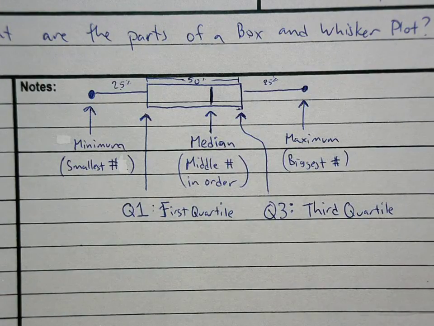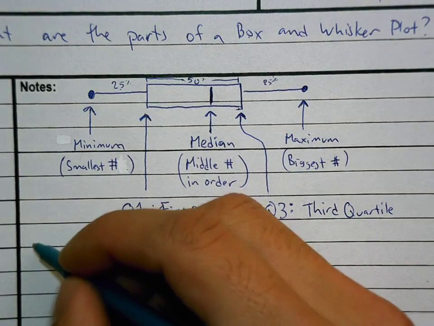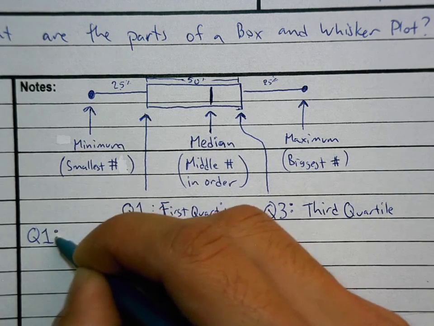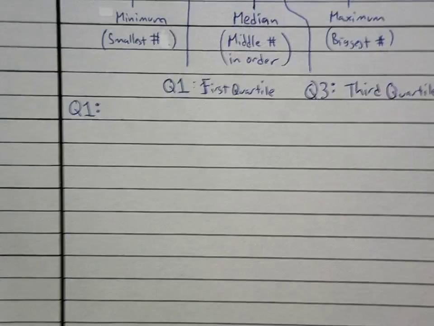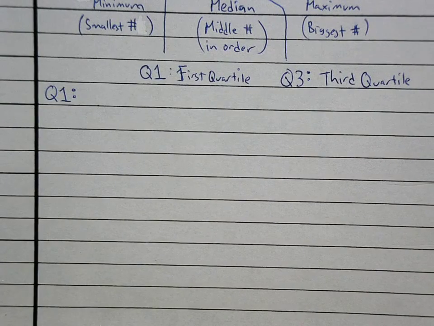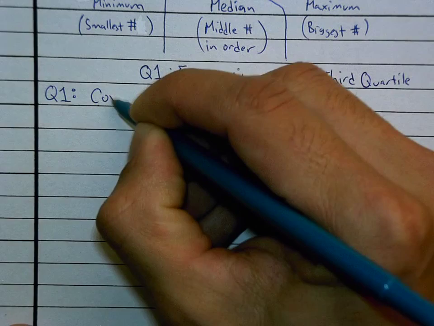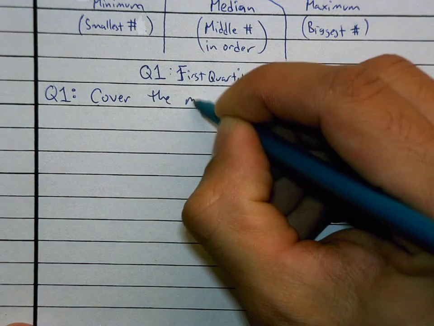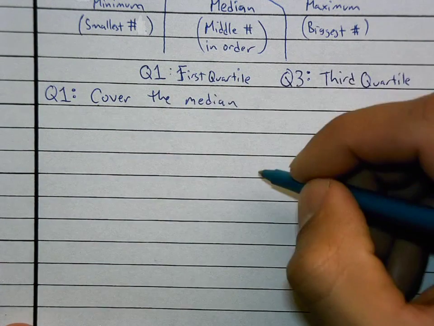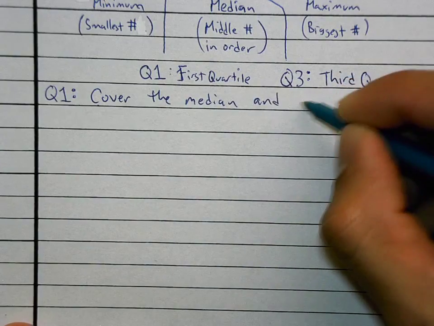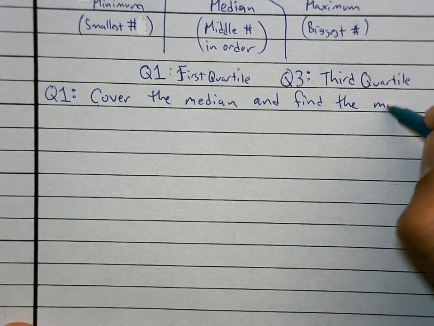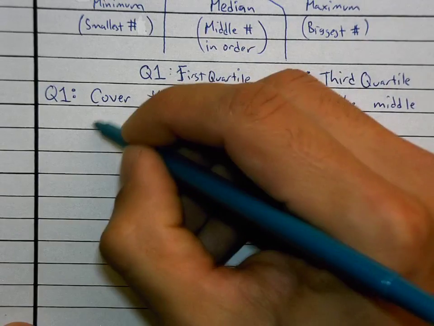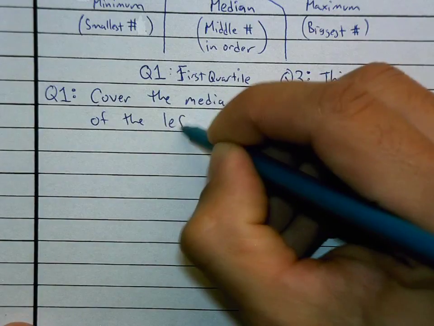Before we go and actually do one, I need to write something down about Q1. For Q1, what I have down here is: cover the median and find the middle of the left side numbers.